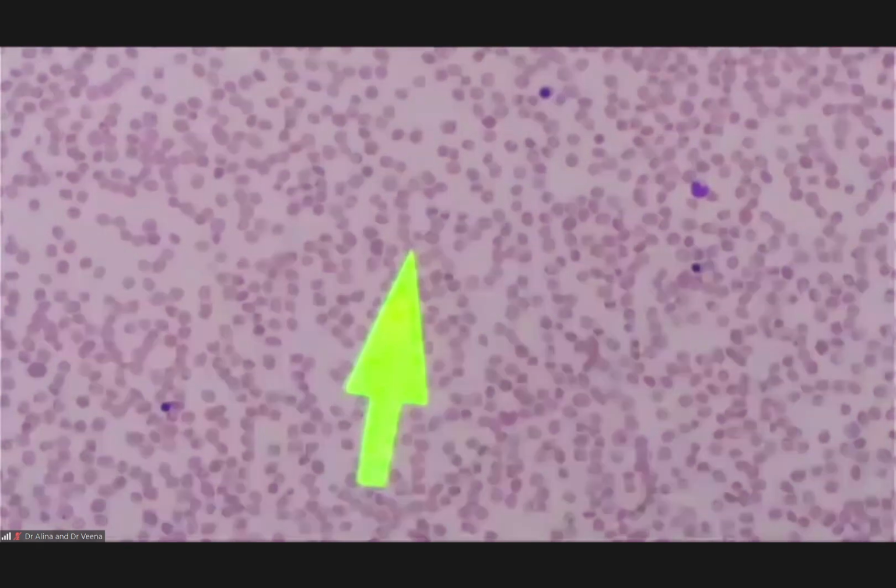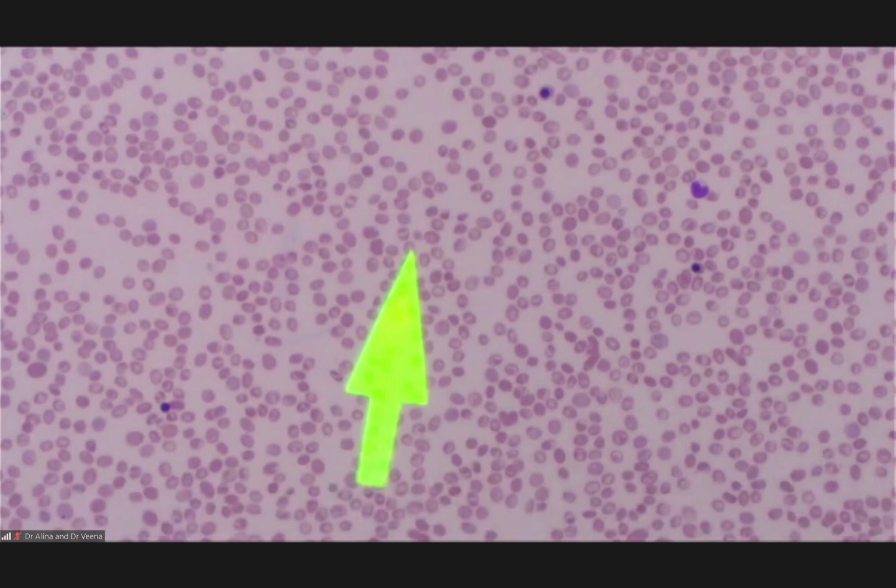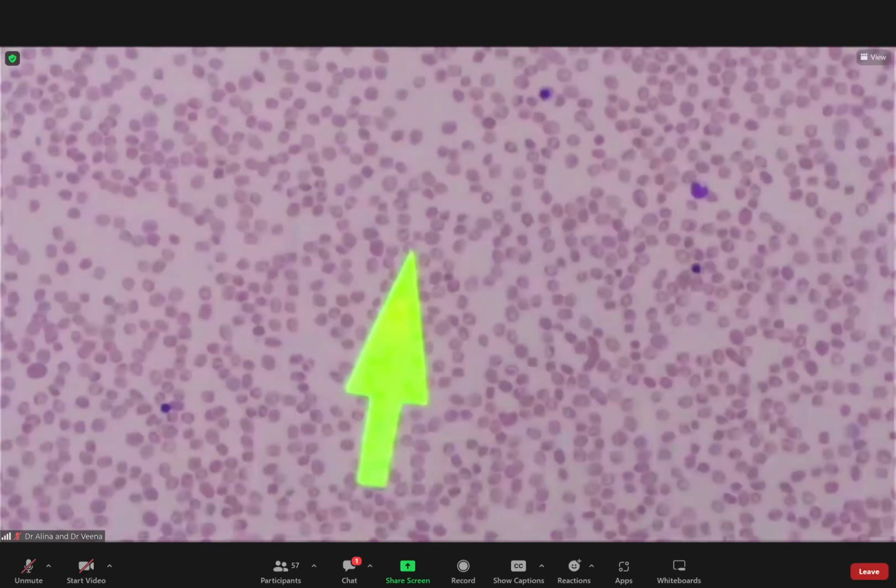And then the red cell features in the background are very much your target cells and stomatocytes, correct? And then you have some degree of hypochromic microcytic cells, but by and large, the prominent feature here is your target cells, your stomatocytes.